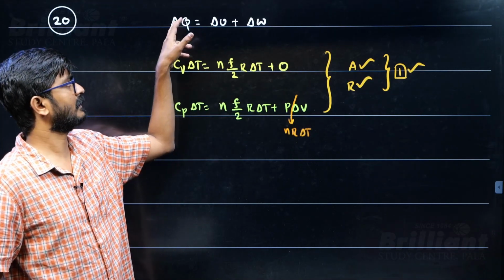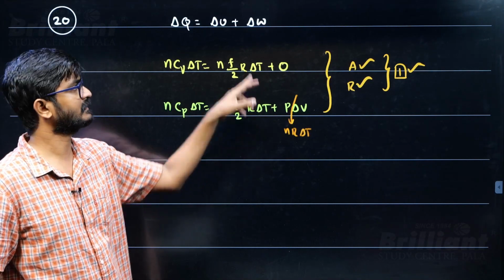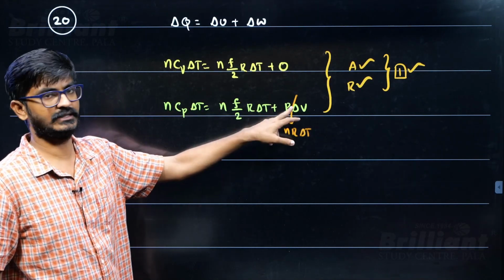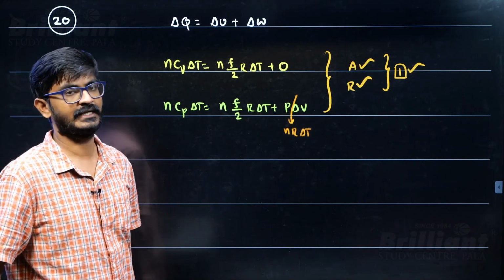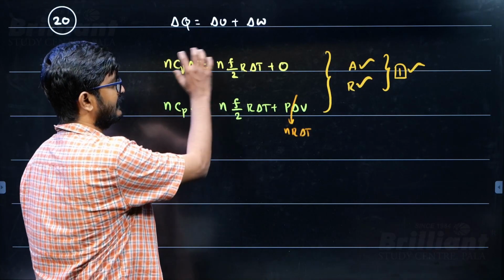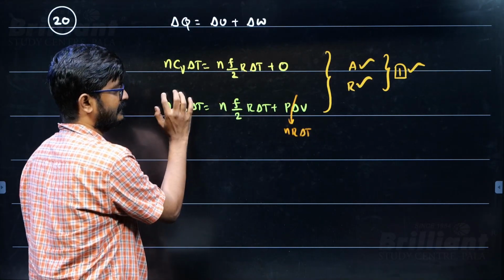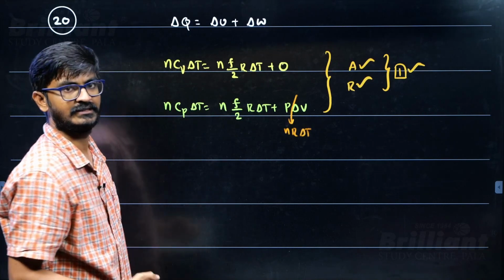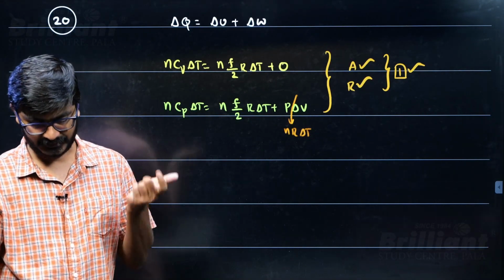In isobaric process, this is nCp delta T. This is n f by 2 R delta T always. Now this is not 0 in isobaric process. It is integral PdV, which is P delta V or nR delta T. Now you can see Cv is this thing plus 0, but Cp is this thing plus some other thing. So I can clearly say Cp is greater than Cv. So the explanation is also correct. The reason is also true, and it's the correct explanation also.